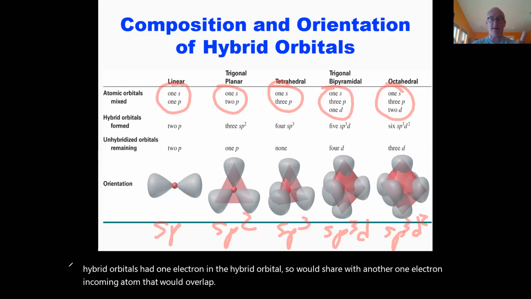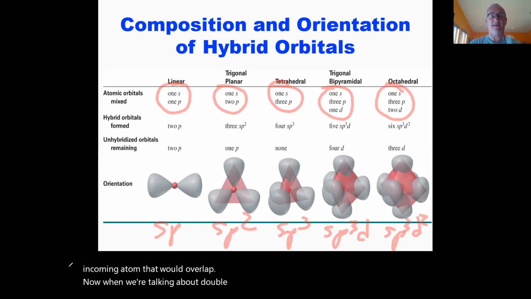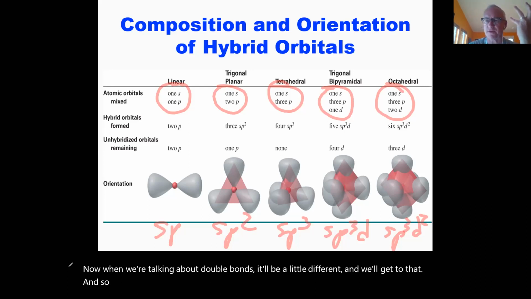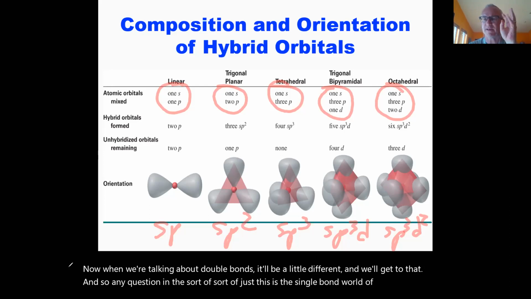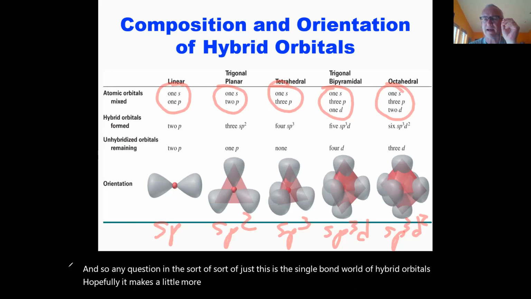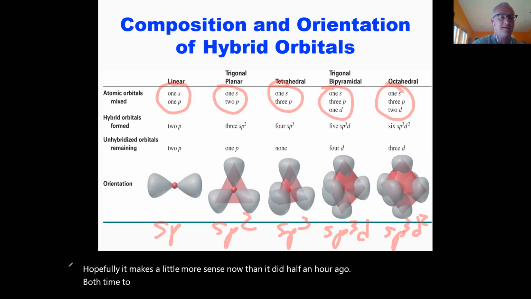Now, when we're talking about double bonds, it'll be a little different, and we'll get to that. Any questions on this single bond world of hybrid orbitals? Hopefully it makes a little more sense now than it did half an hour ago. We'll have time to go over it a little bit later.